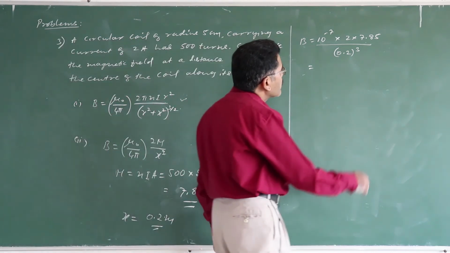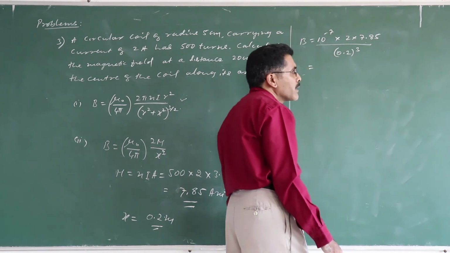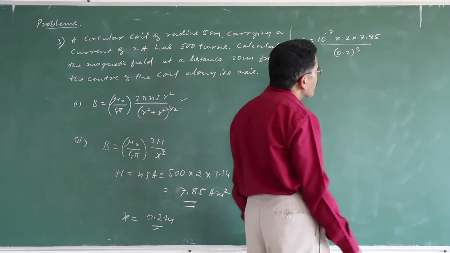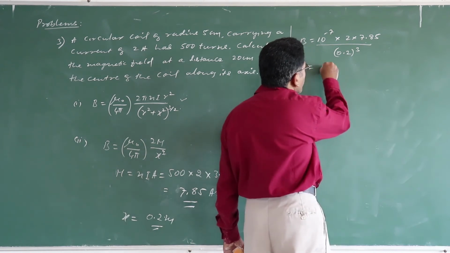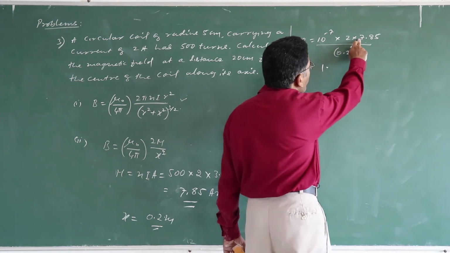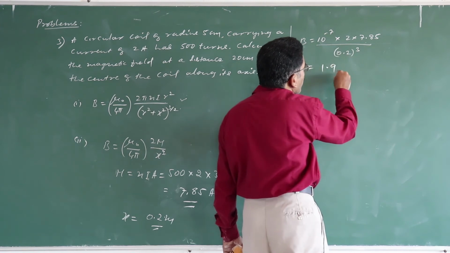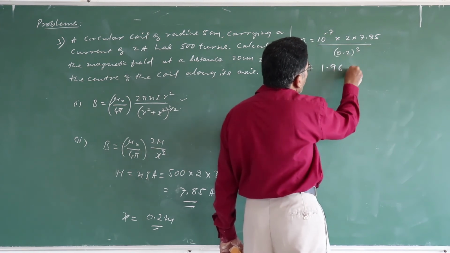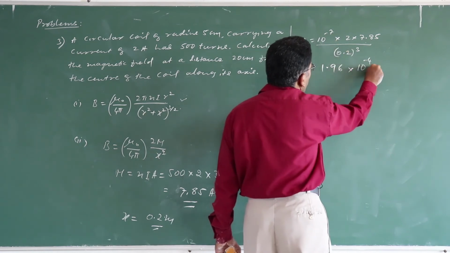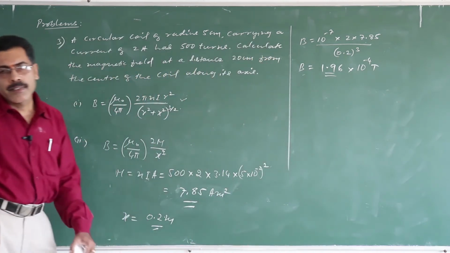So this can be written as 2 into 10 raised to 8 into 10 raised to minus 3. 2 by 8 is 1 by 4. This is 10 raised to minus 4 Tesla. Please check this answer.